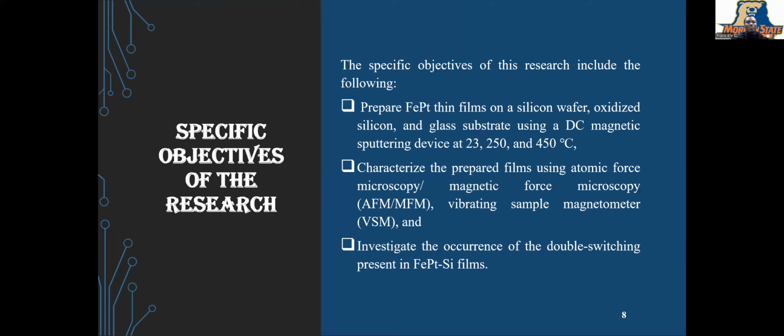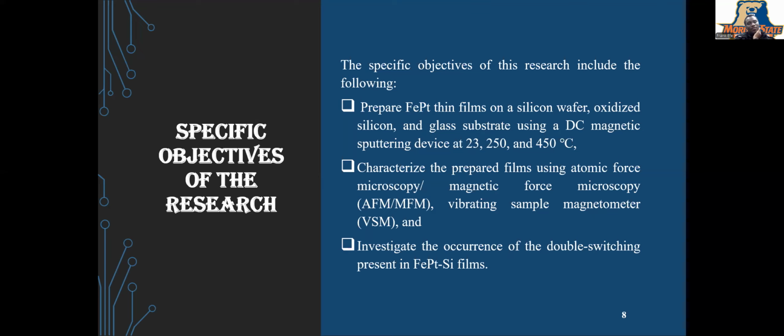The objective of this research is to prepare iron platinum thin film on the substrates at different temperatures, and characterize the prepared films using atomic force microscopy, magnetic force microscopy, vibrating sample magnetometry, and the X-ray diffraction method.